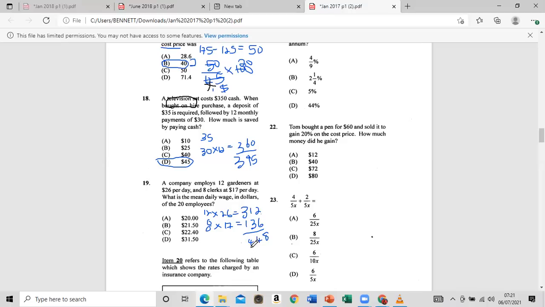And then we divide by 20. So that's 2 again. We get 2 and 2. So it must be this.